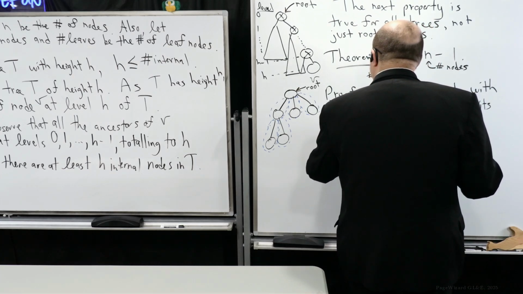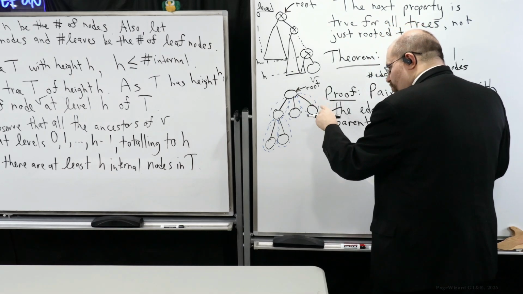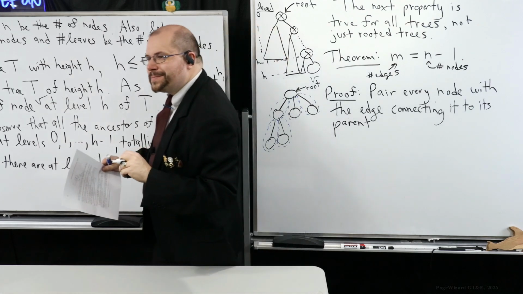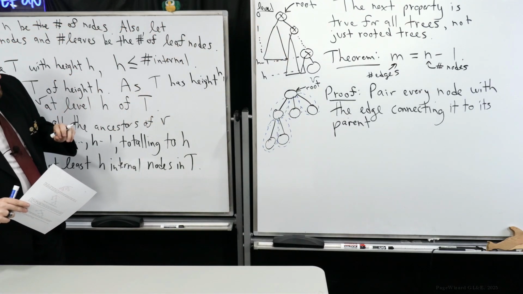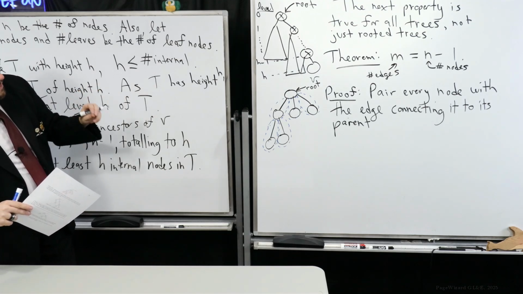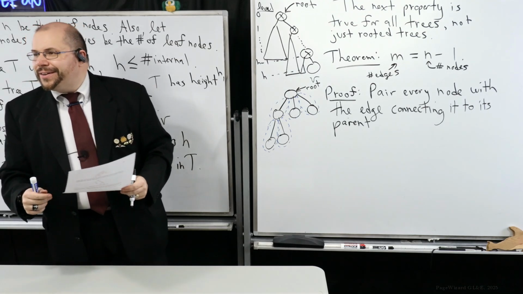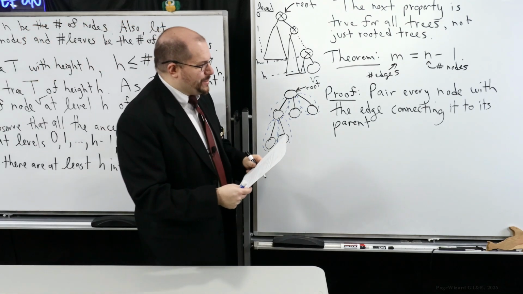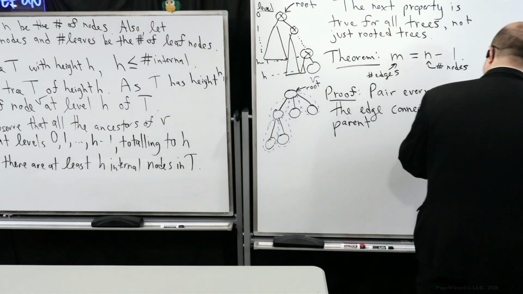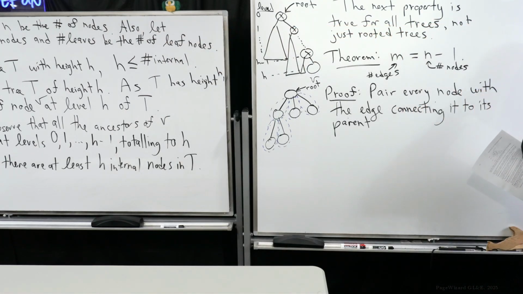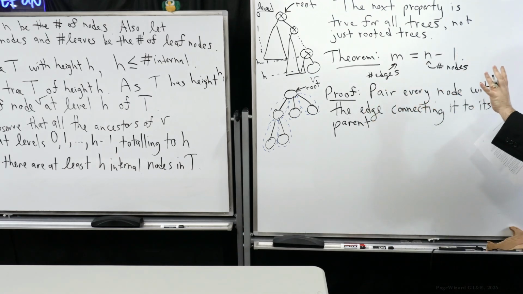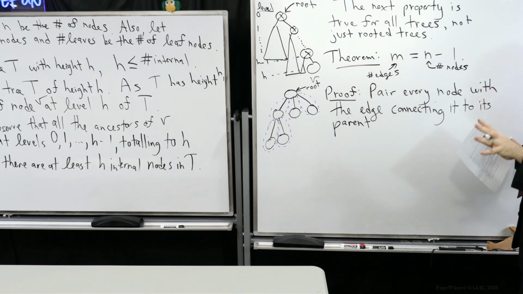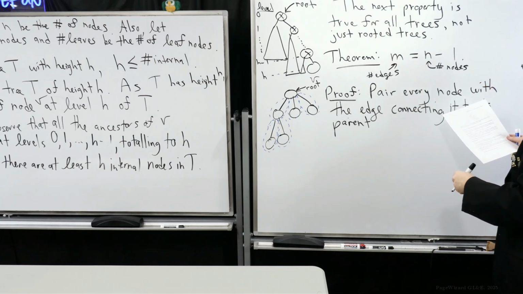Remember, every node that we've circled or put an oval around here connects distinctly to one parent. So we have the edge connecting each node to its parent, right? This is how I'm going to pair nodes with edges. That's how we've decided on it. But what's special about this?